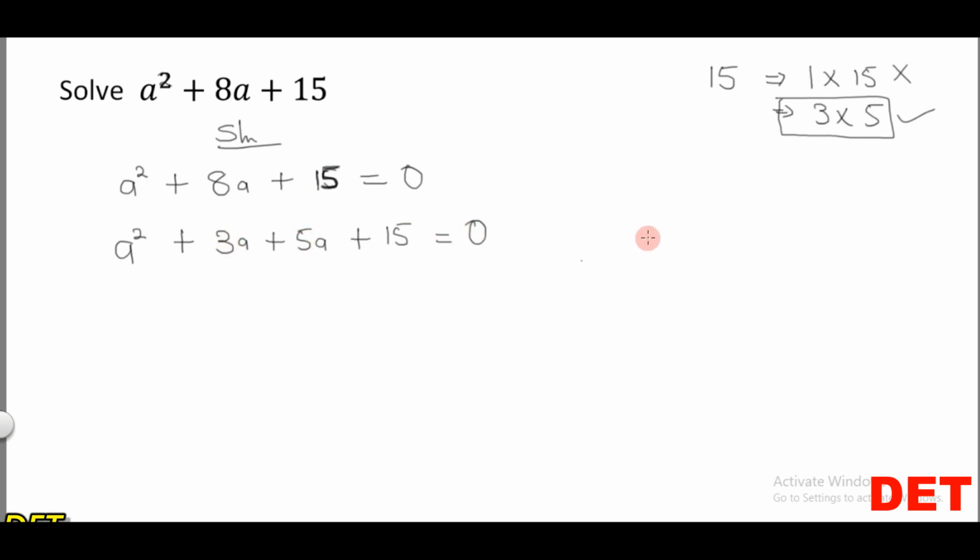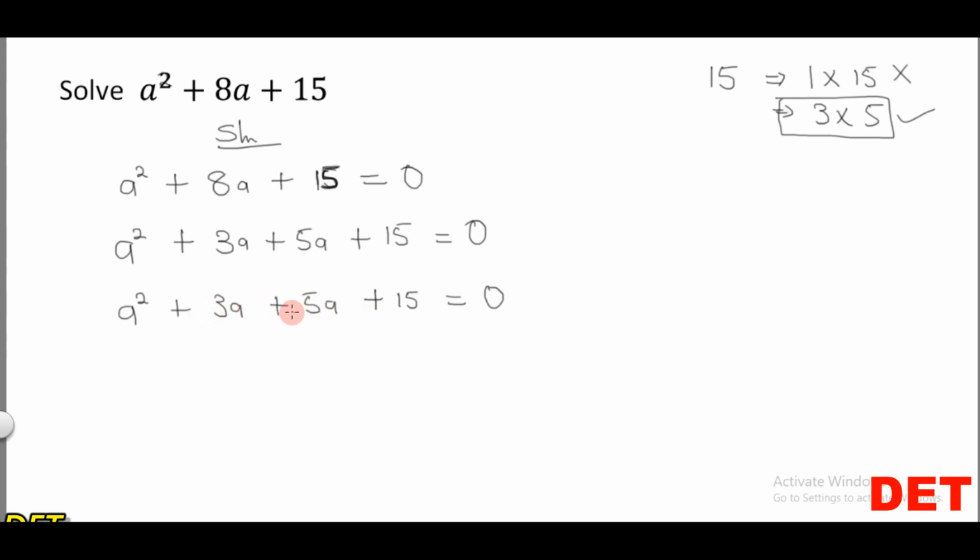These 3a and 5a are the factors that we got. 3a plus 5a will give us 8a, so you can see that this equation and this equation are the same. So the equation I have here is a squared plus 3a plus 5a plus 15 equal to 0.